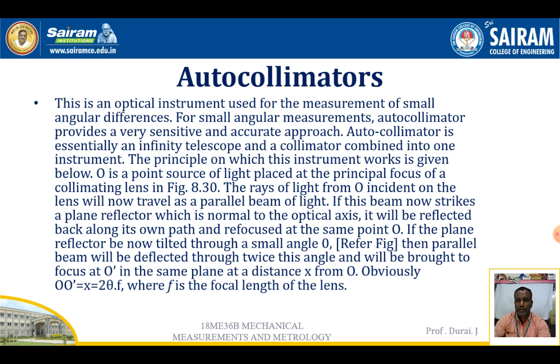The autocollimator works with the help of this formula: O dash equals x equals 2 theta into f, where f is the focal length of the lens.